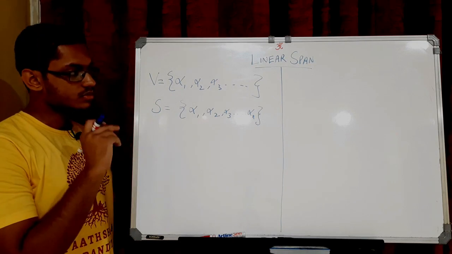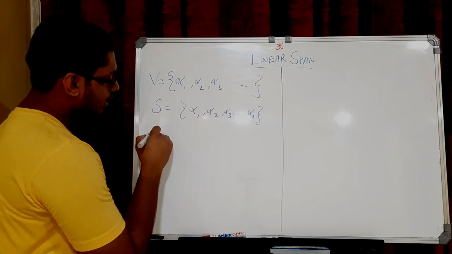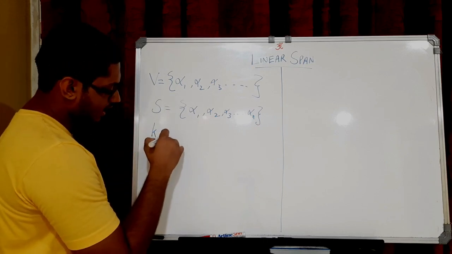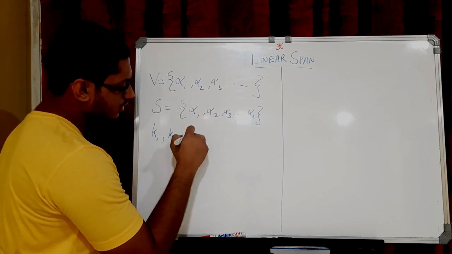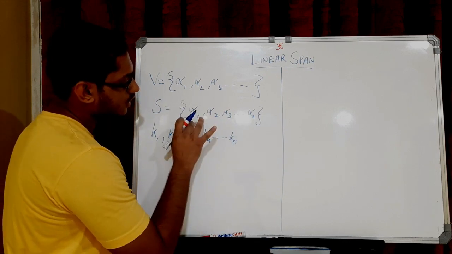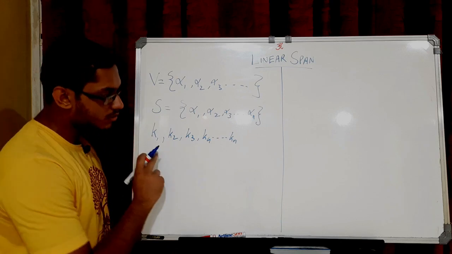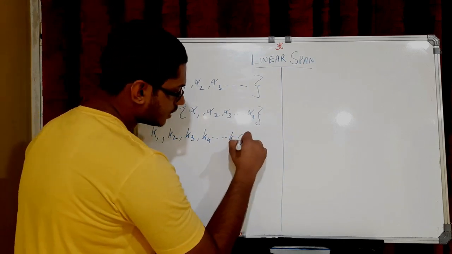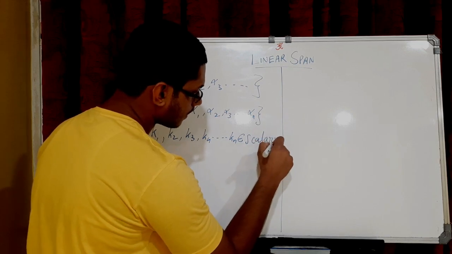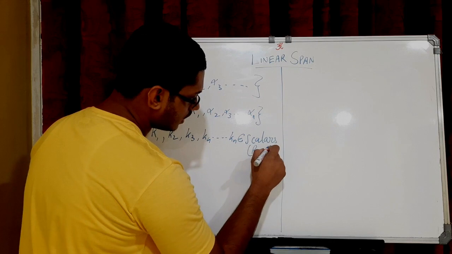Now these vectors have been taken. Now consider some scalar quantities like k1, k2, k3, k4 till kn. The number of vectors in S is equal to the number of scalars here, and they are all scalars. Scalars means real numbers. In most cases it is real numbers.